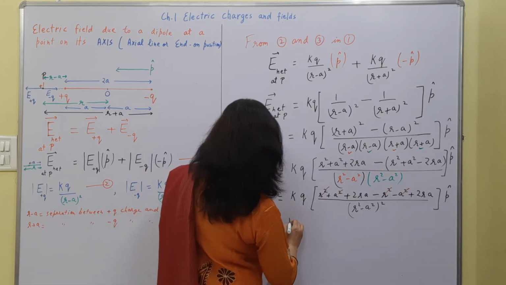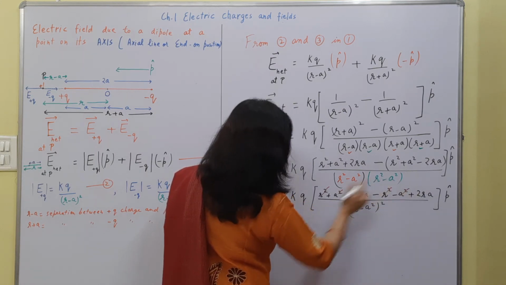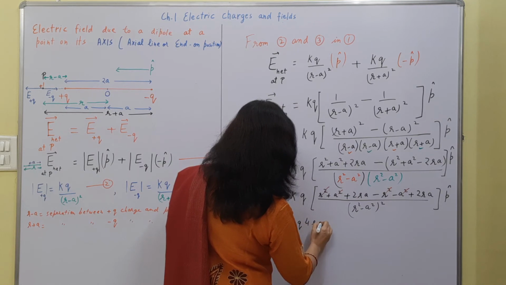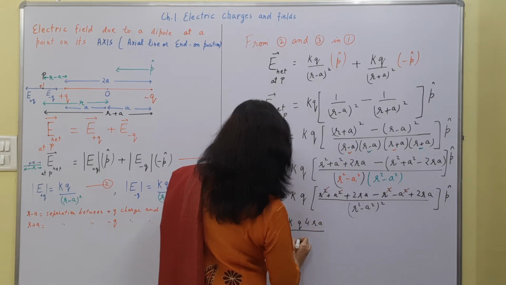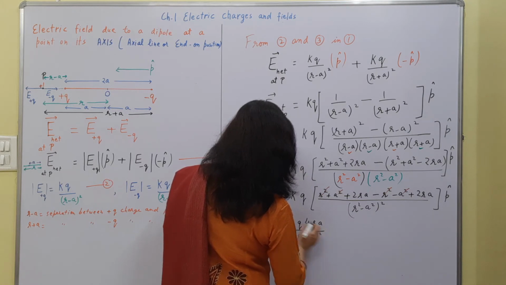This is K Q into 2RA, 2RA. So that means 4 times RA upon R square minus A square to the power 2.